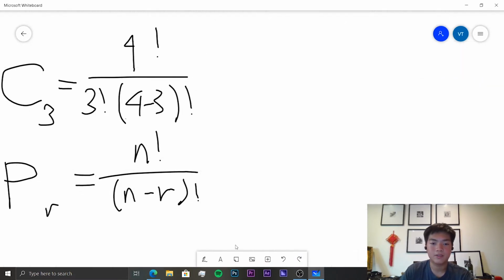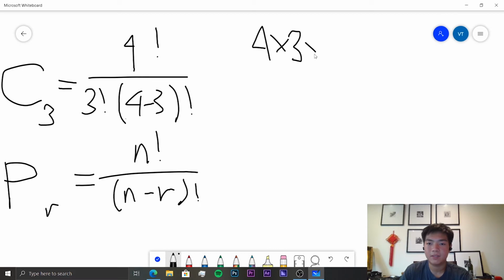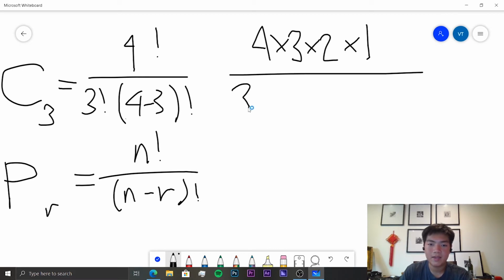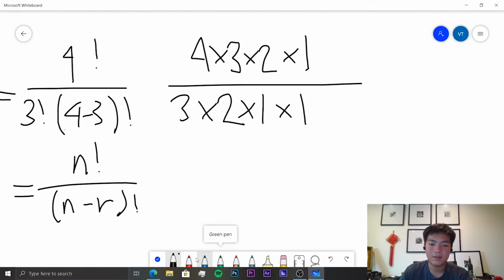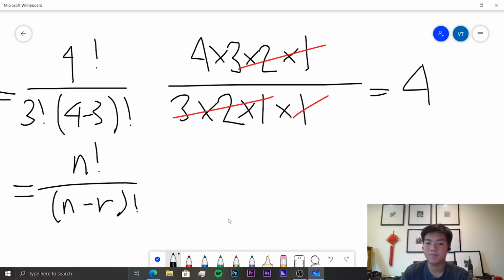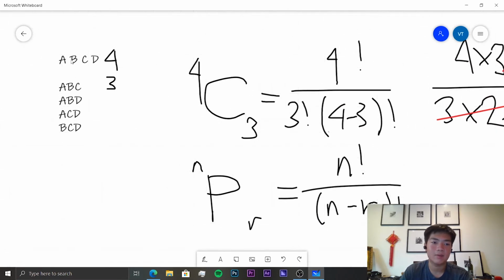And of course, this is equal to 4 times 3 times 2 times 1 divided by 3 times 2 times 1, and then times (4 minus 3) factorial, which is just 1. So as you can see from here, we can cross these out and we're simply left with 4 as the result. And that is how many combinations we got in the end.